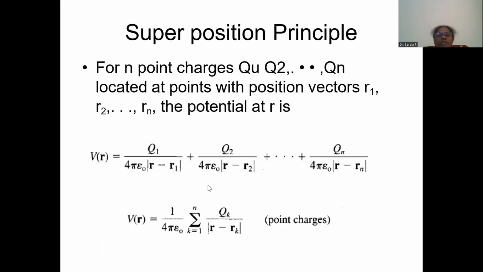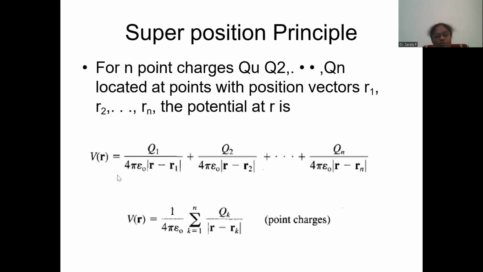Now next comes the superposition principle. Let us say these point charges are Q1, Q2, and so on up to Qn, located at points with position vectors R1, R2, Rn respectively. The potential at R: if we have n number of point charges and want to calculate the potential, then we have to use the superposition principle.